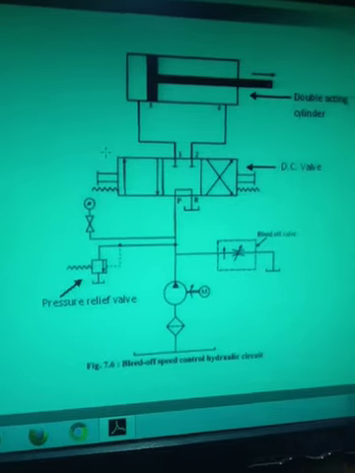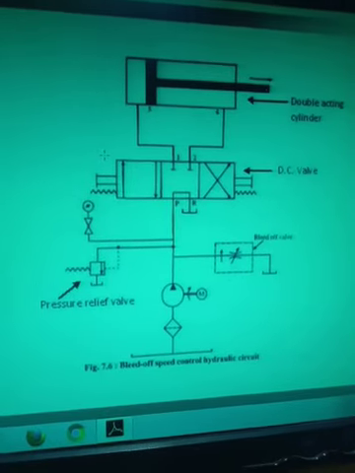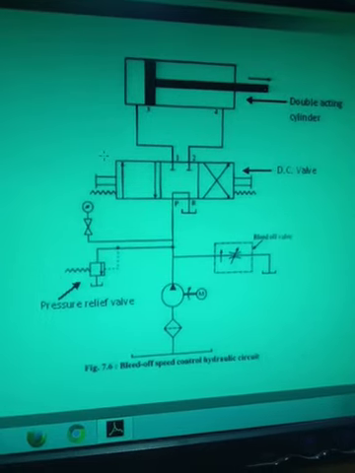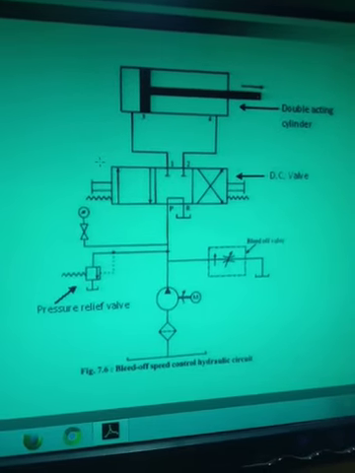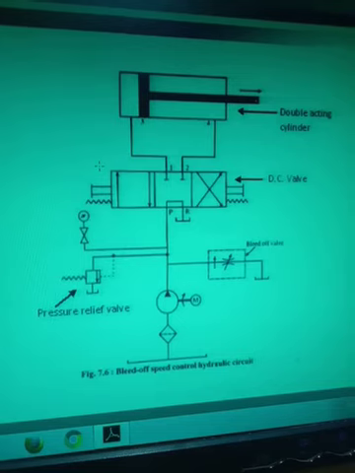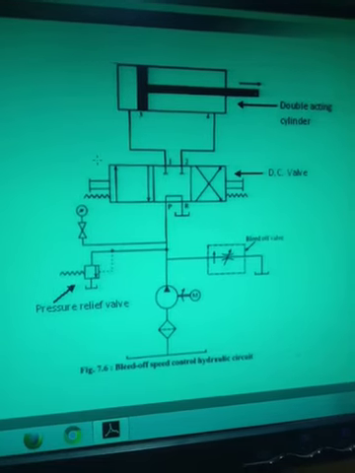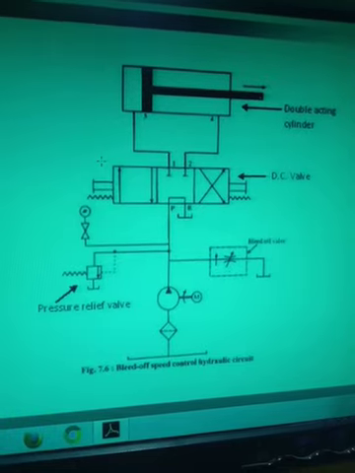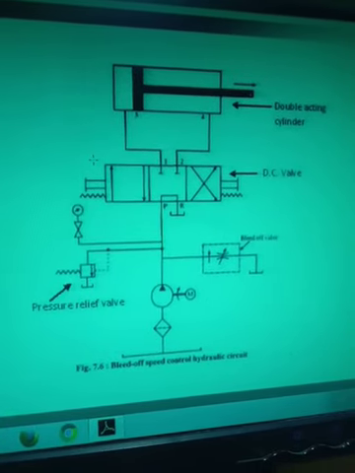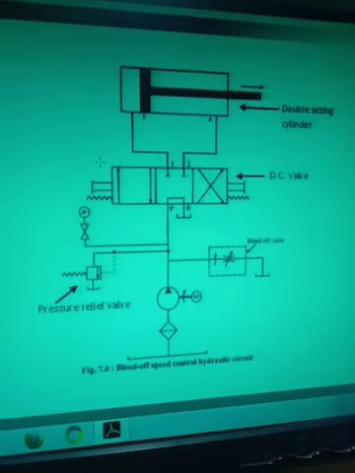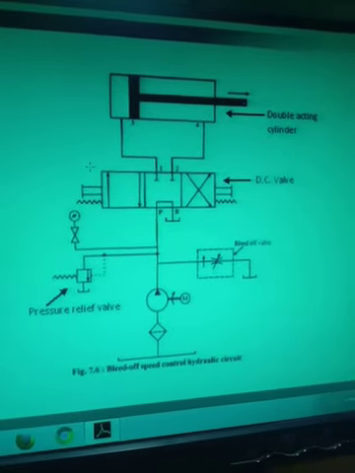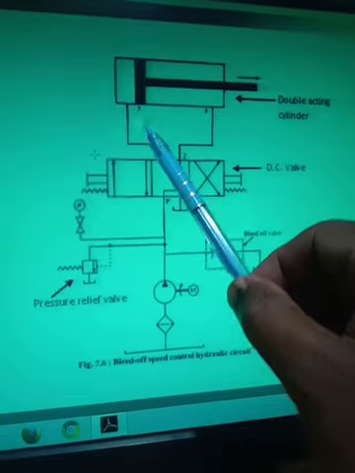Correct? You understand? So we completed the three basic hydraulic circuits. These three basic hydraulic circuits are known as flow control hydraulic circuits, because we are controlling the speed of the actuator by controlling the flow of the hydraulic oil going to the actuator. So what did we see? First we saw the meter-in hydraulic circuit, where the pressure compensated flow control valve with check valve was fitted at the inlet of the actuator.